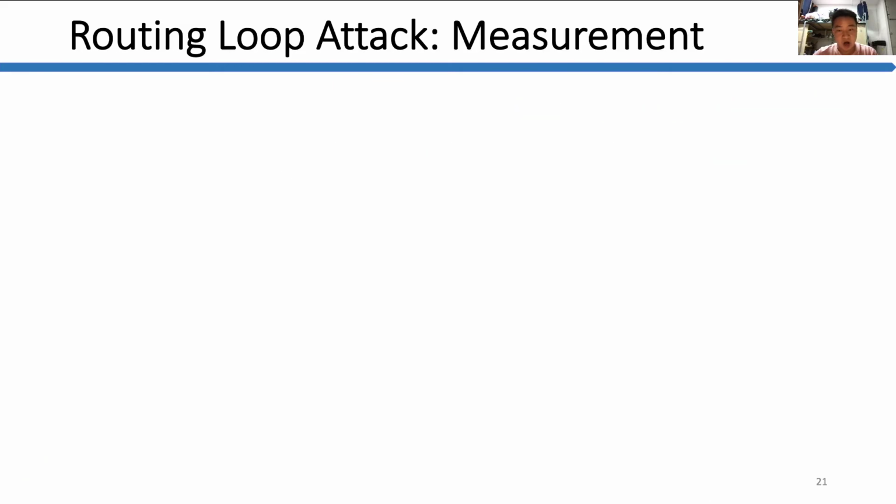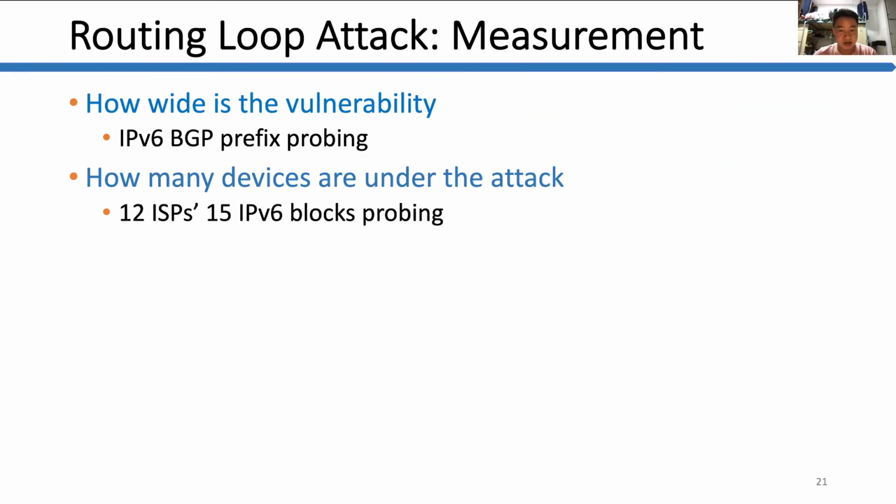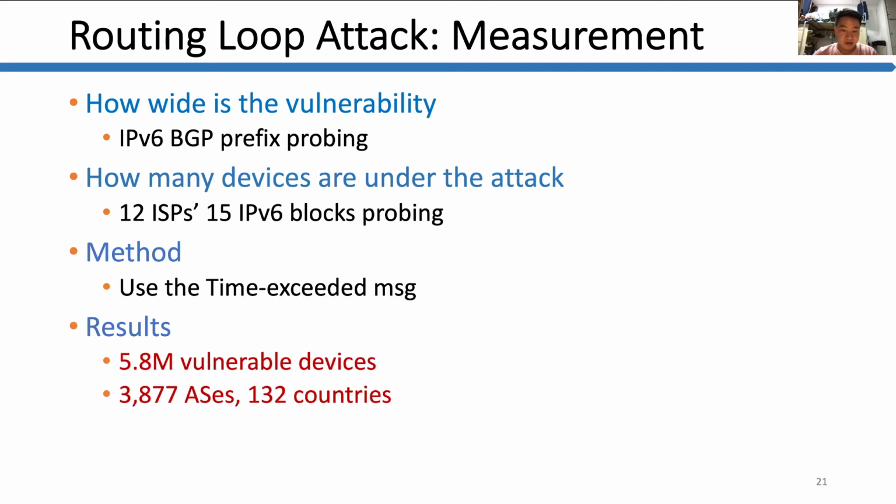So to show how wide the vulnerability is and how many devices are under attack, we probe both BGP prefixes and 12 ISP blocks. We find about 5.8 million vulnerable devices, covering more than 3,000 ASs and 132 countries.